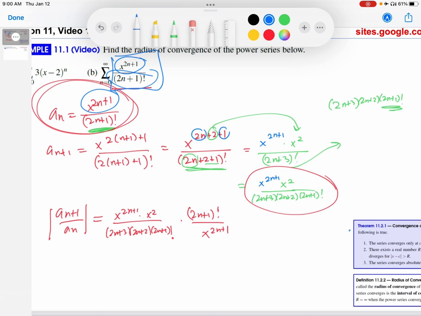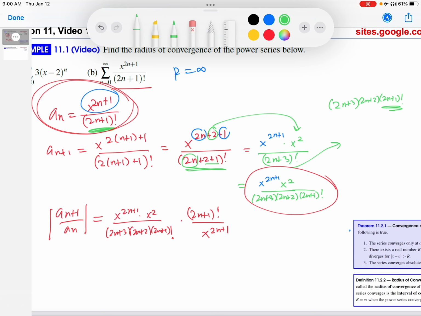That same intuition carries over into power series. 2n plus 1 factorial goes to 0 really fast, certainly faster than a power function. So we expect this power series to not just converge, but converge for all x. That would be equivalent to getting r equals infinity. Okay, all right. So now back to our scheduled program.